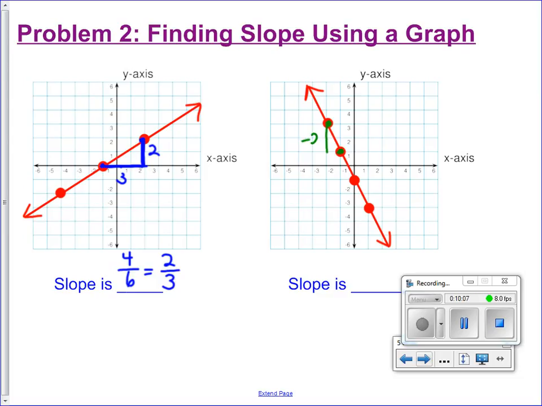So we're going to call that -2 since I am moving it down. Then from left to right, I'm going 1 place. So my slope is -2 over 1, which simply reduces to -2. A slope of -2.